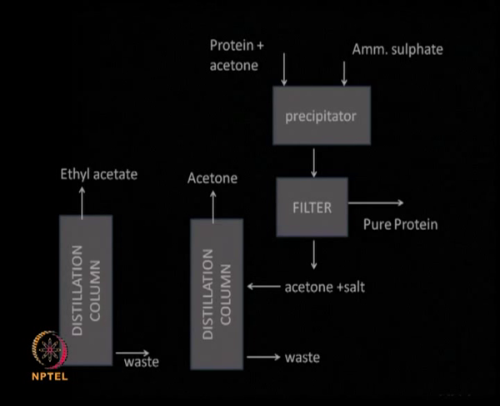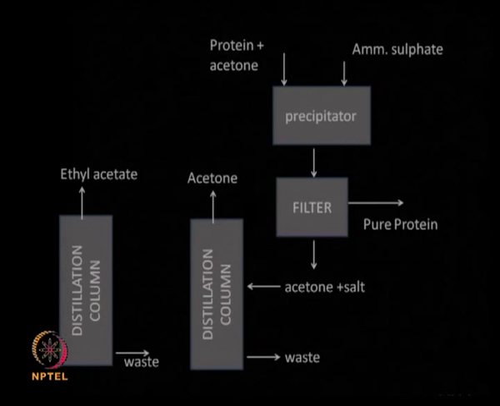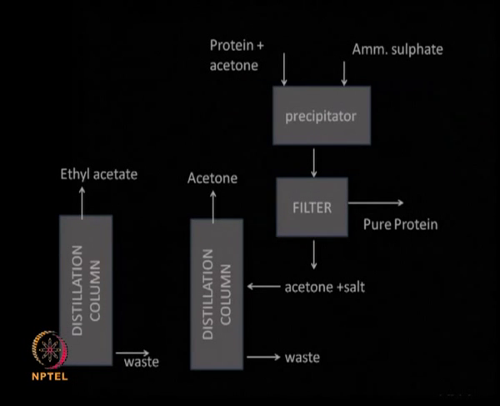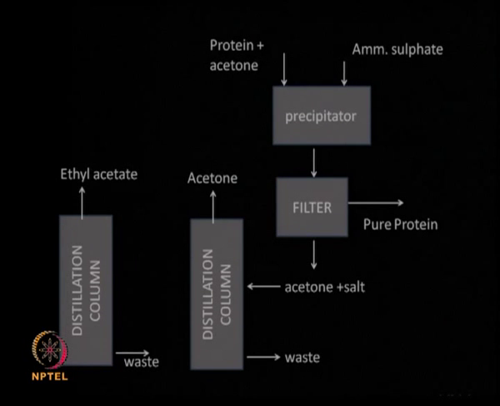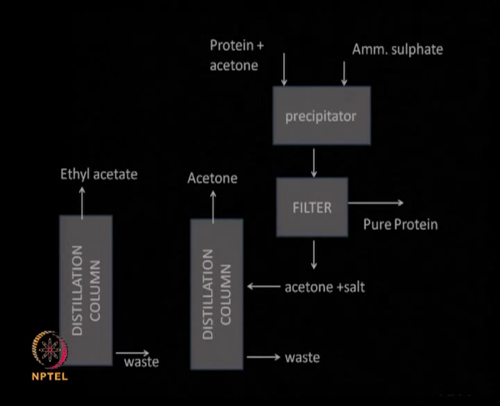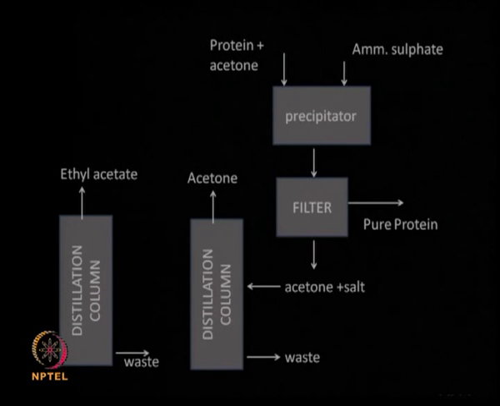So this is a typical downstream flow sheet, this is how it will look. But please remember, just because I have drawn one flow sheet does not mean this is how it needs to be done. You can always think in a different way and you may be able to come up with a different flow sheet. You may have different sets of unit operations being performed.